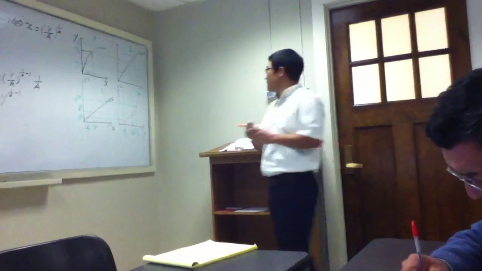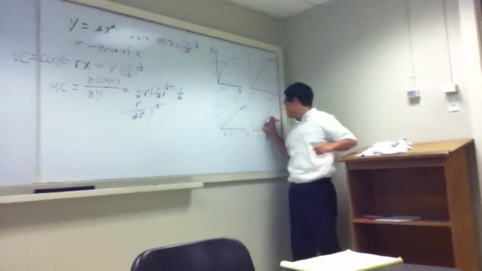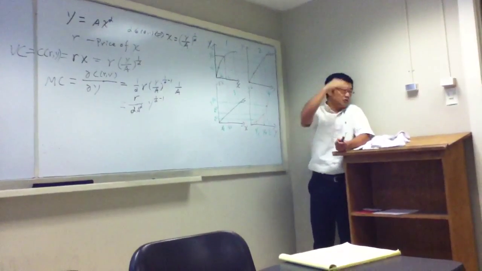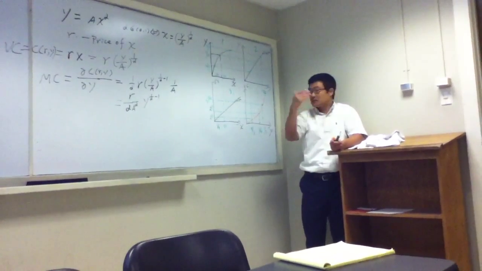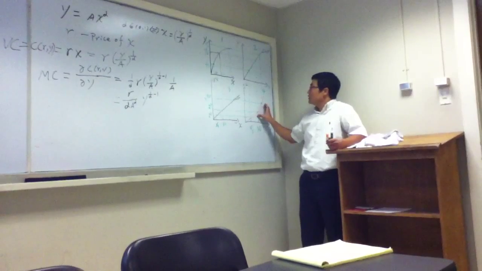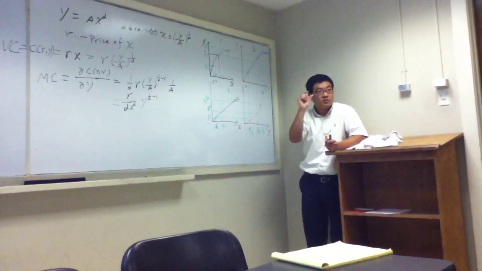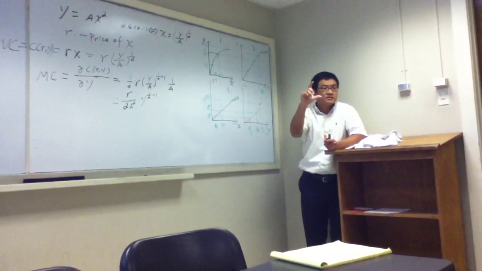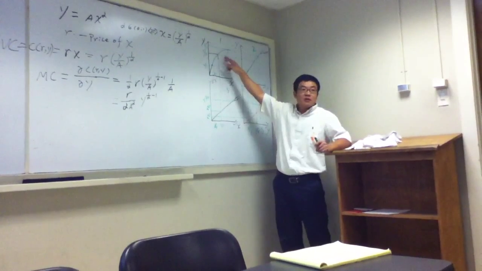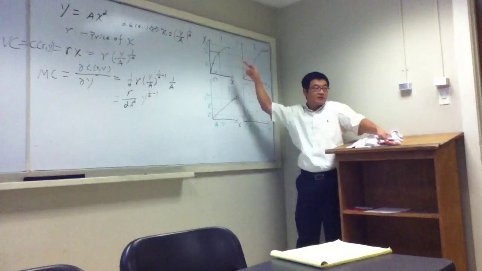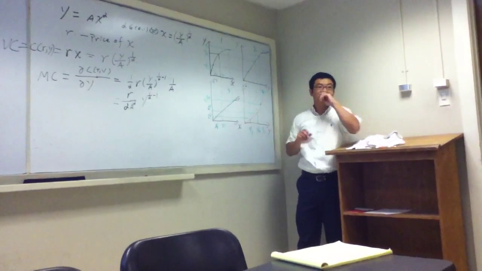On this graph, that means if I want to increase my output, as I do this successively, the additional cost required to produce that y is going to increase. That's because of the law of diminishing marginal returns here. Does that make sense?